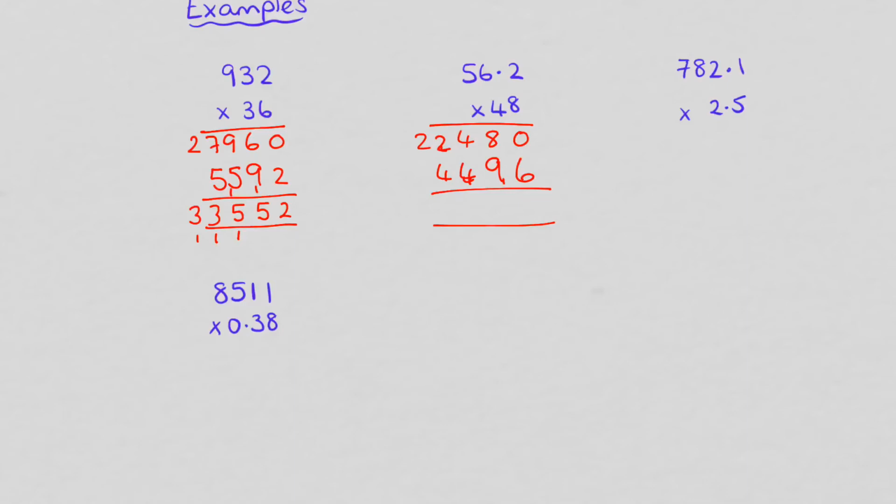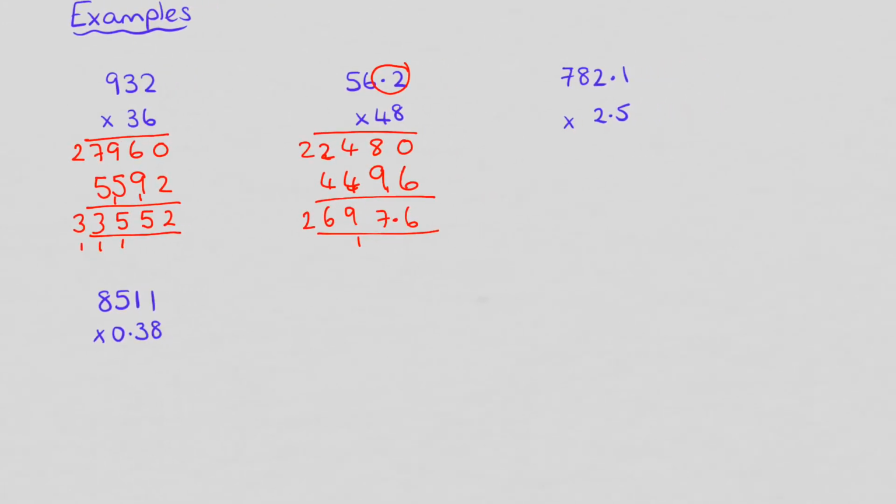So adding up, 0 add 6 is 6, 8 add 9 is 17, 4 and 4 and 1 is 9, 2 and 4 is 6, and then 2. So 26976 is not the answer to this question because we've got the decimal point to deal with now. So we've got 1 decimal place in the question, so we need 1 decimal place in the answer. So it's 2,697.6.